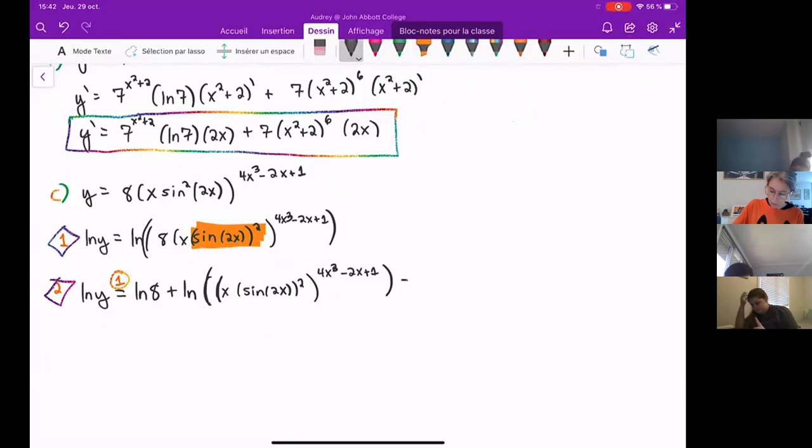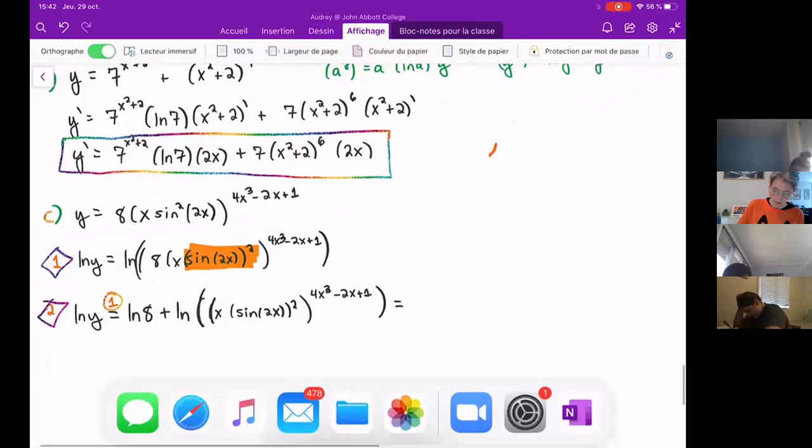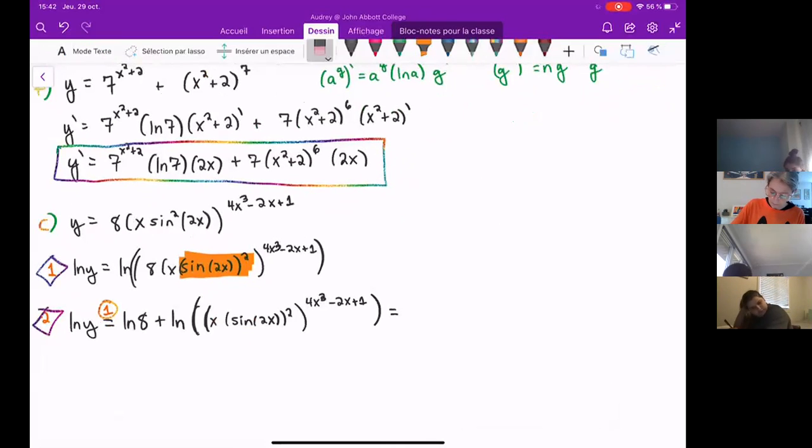So now I'm doing rule 3. And I'll have ln 8 plus 4x cubed minus 2x plus 1 times ln of x times sine of 2x squared.